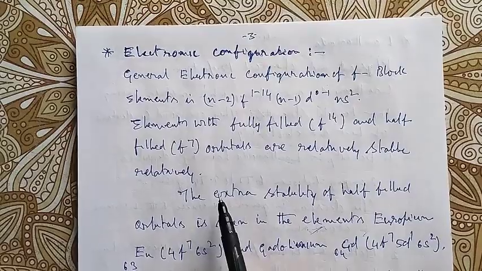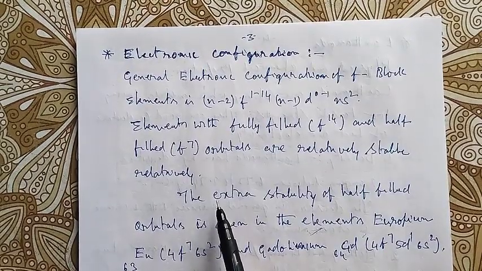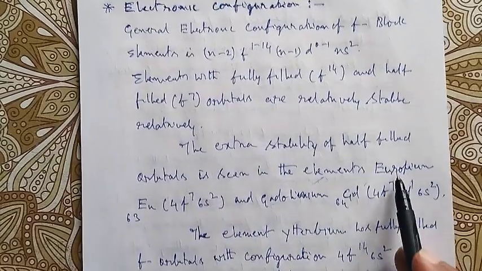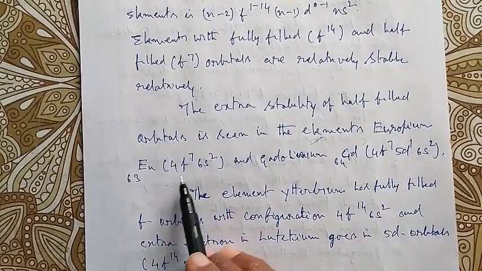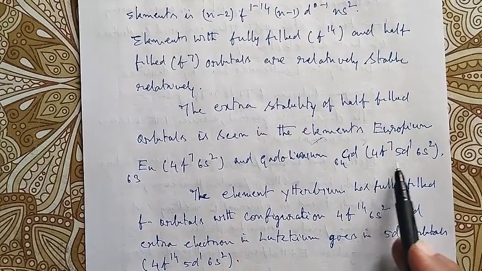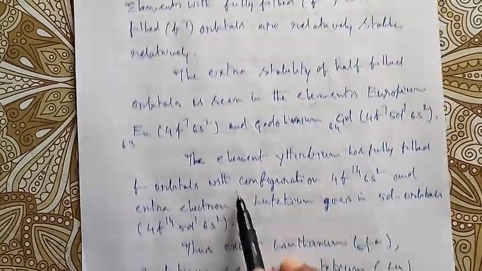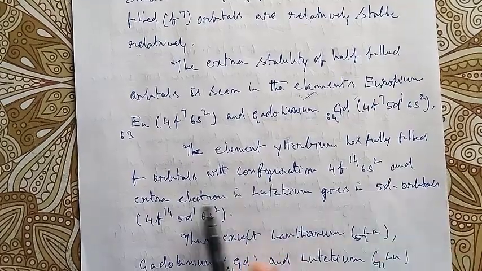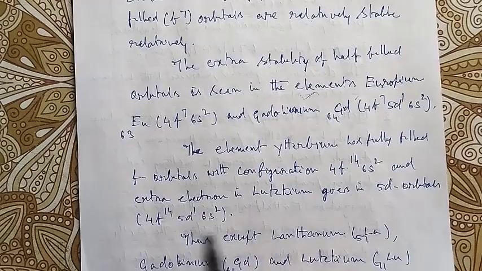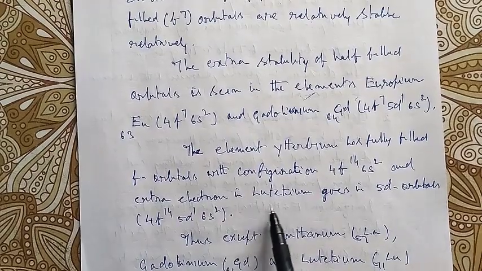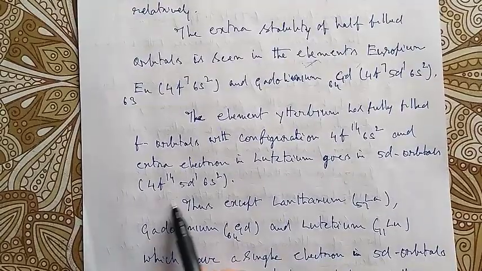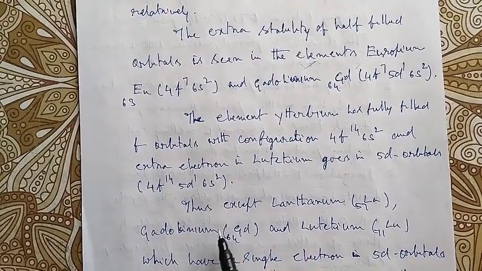that is, their reactions are very less. The extra stability of half filled orbitals is seen in the elements europium, that is 4f7 6s2, and gadolinium 4f7 5d1 6s2. The element ytterbium has fully filled f orbitals with configuration 4f14 6s2, and the extra electron in lutetium goes to the 5d orbital, that is 4f14 5d1 6s2.